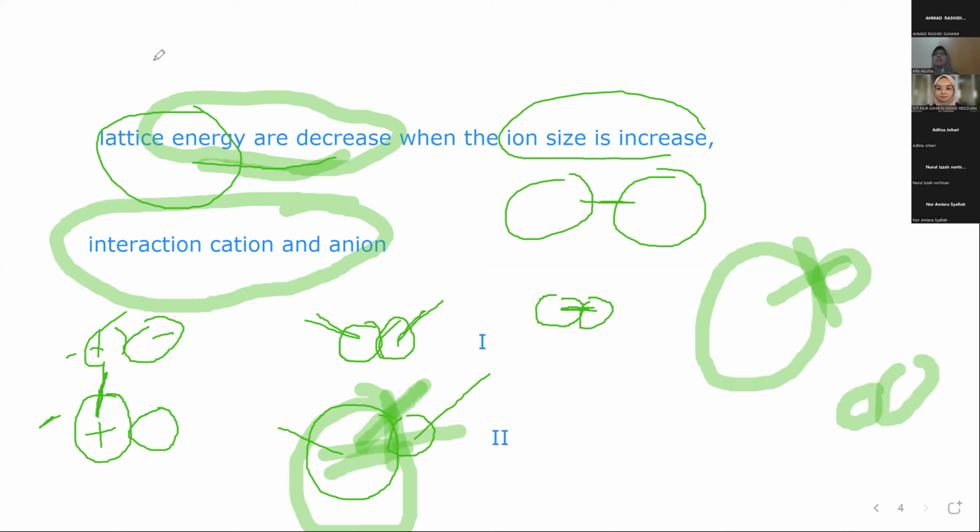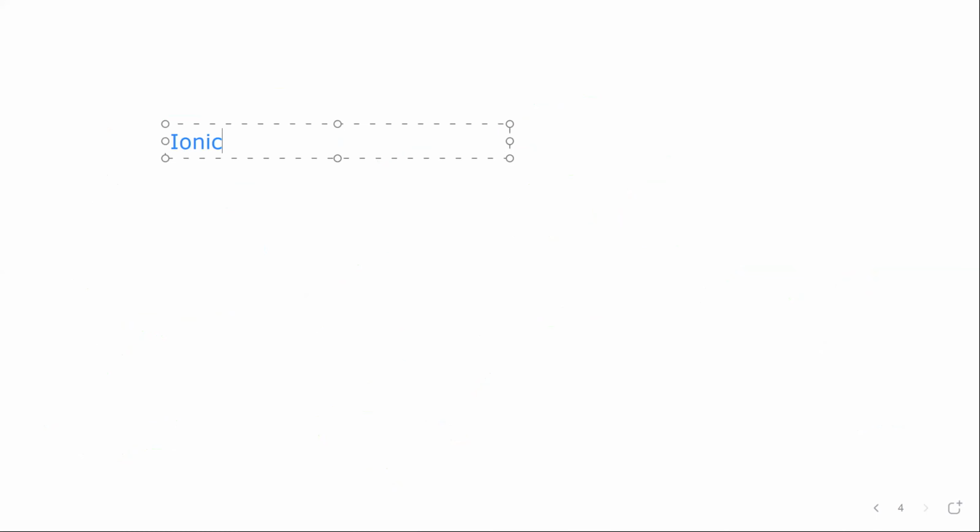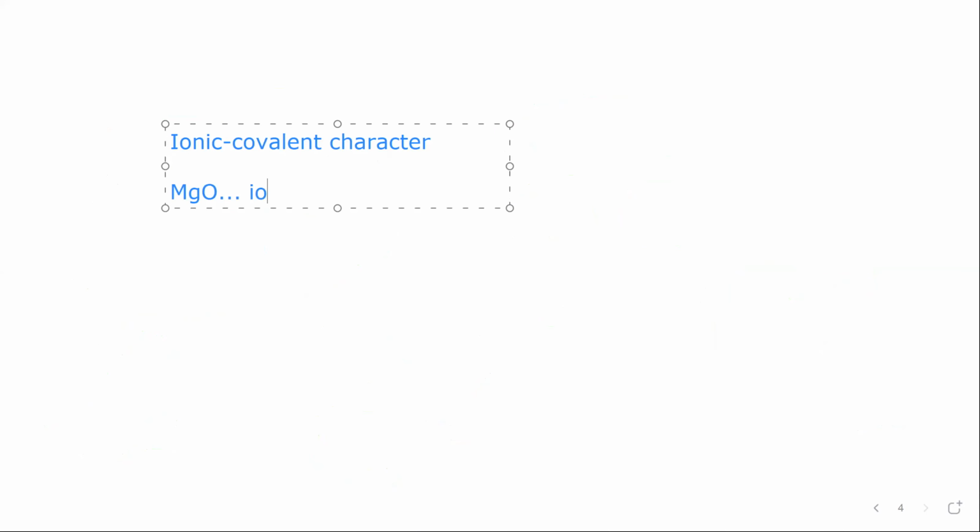Okay, this is about ionic and covalent character. Magnesium oxide is an ionic solid. The bonding is ionic.